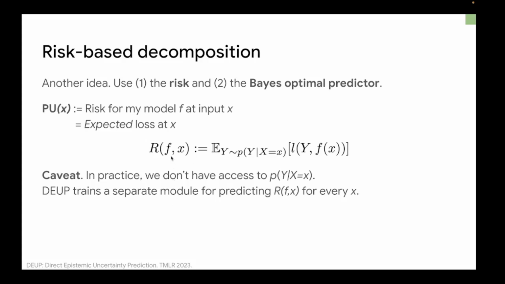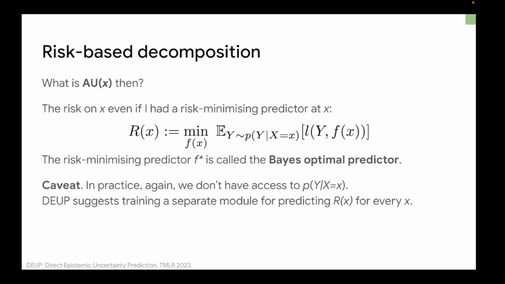So it's kind of a chicken and egg problem here, but how they go around this is they train a separate model for predicting this value given x. So just by looking at x, you can actually predict the risk. Okay, you train a separate model for that. It seems to work in practice, so that's why they say you can do it, but there's still a caveat.